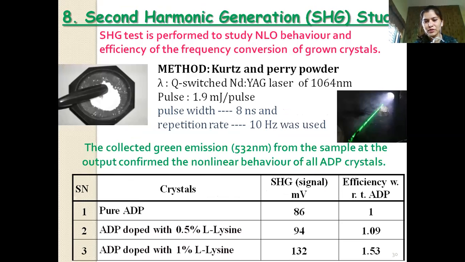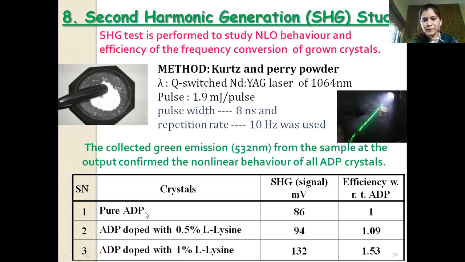The SHG study confirms the NLO behavior of the material. In this study, we subjected the powder of our grown crystal to a 1064 nanometer wavelength, and the emerging wavelength was of green color, that is 530 nanometers. That confirms the doubling of the frequency, and hence this also confirms the SHG efficiency, that is the NLO behavior of the grown crystal.